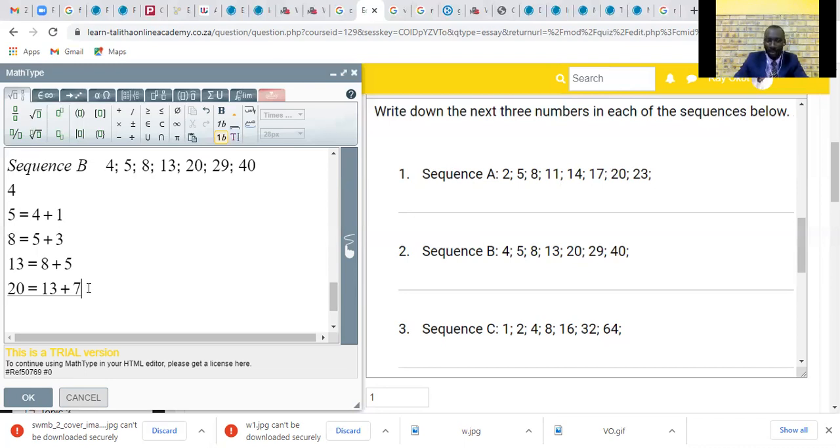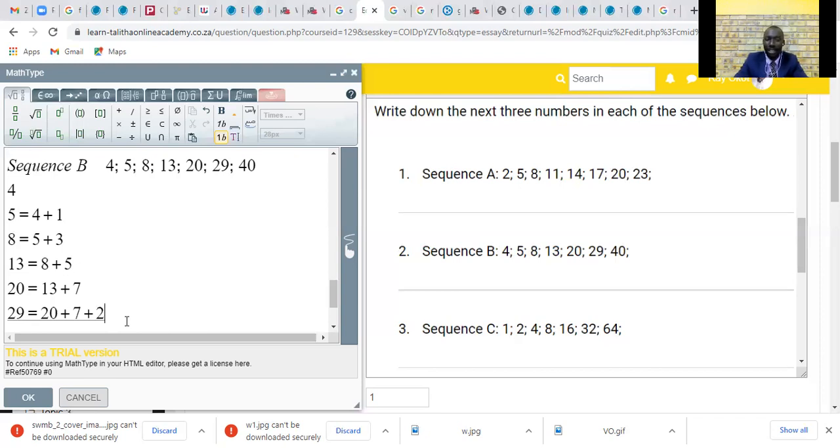Most likely, onto this number, which comes after 20, which is 29. Most likely, this 20, which would come first, what was added to it was this 7 plus 2.